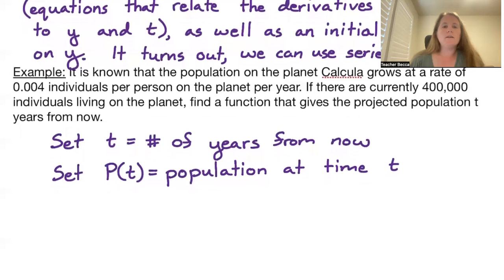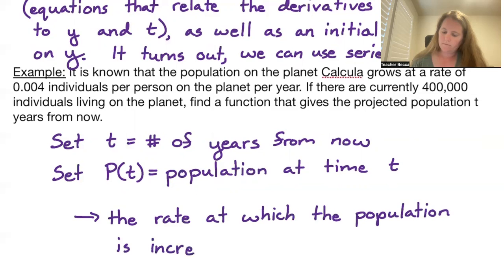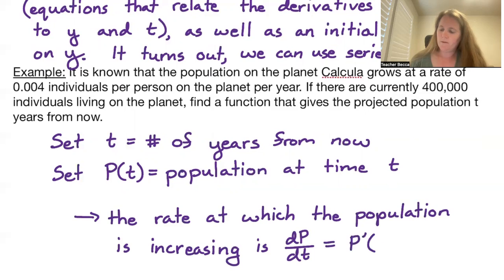Then we have the rate at which the population is increasing. So the rate at which the population is increasing is dP/dt, or P prime of t.